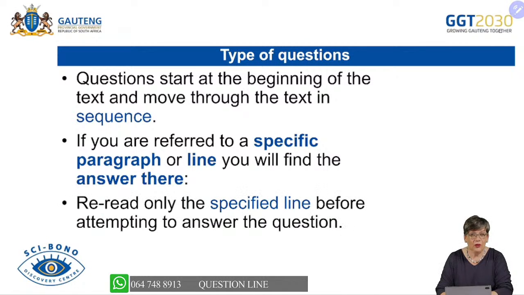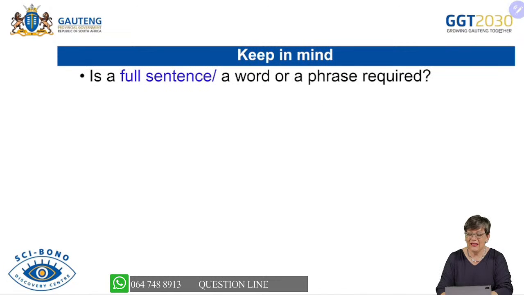And make sure you always reread that paragraph or line they refer to. Don't think you know what it means in that paragraph. Always go back. Now you have to keep in mind, when you answer the question, what is expected of me? Do I need to answer in a sentence? Do they require a word or a phrase?